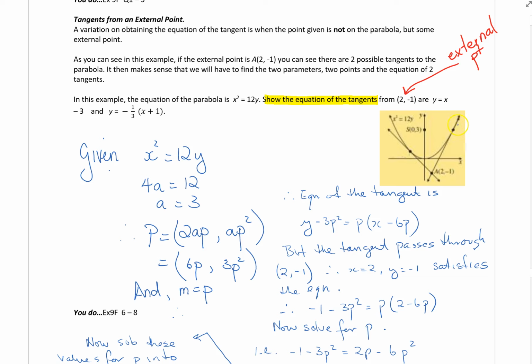What we'll need to do is find the values of the parameters of that point.